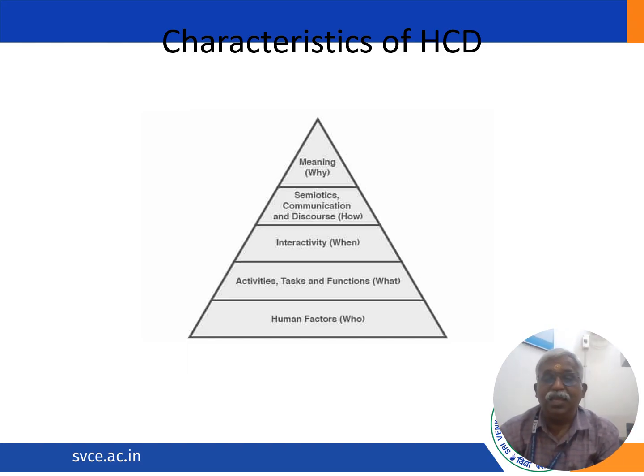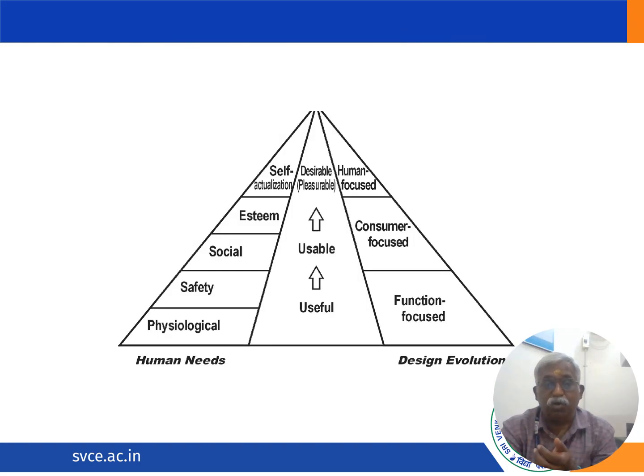In the introduction about entrepreneurship, many times we discussed two major theories, particularly the motivation theory, Maslow's motivation theory. Based on Maslow's motivation theory, we combine the principles and the characteristics of HCD. We will see the motivational theory approach for human-centered design.